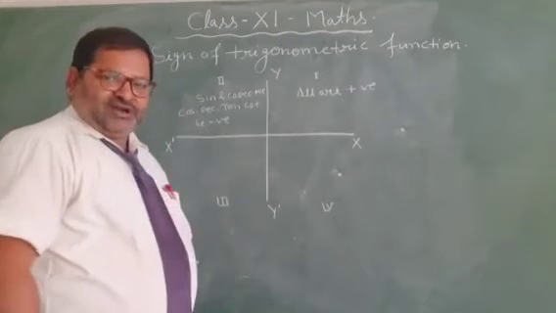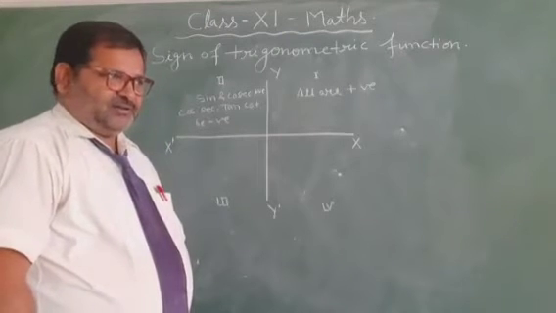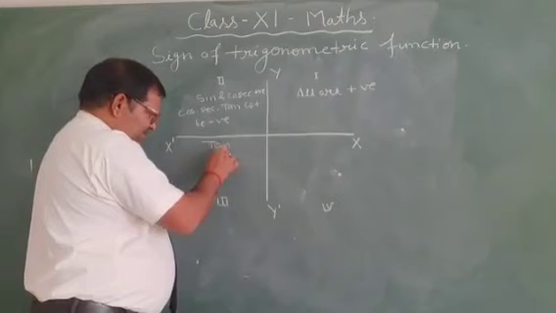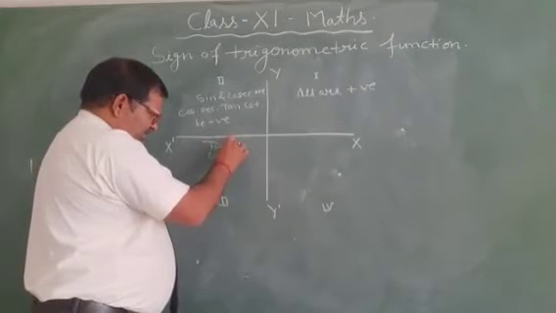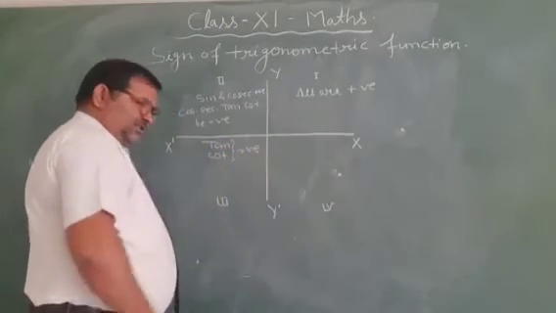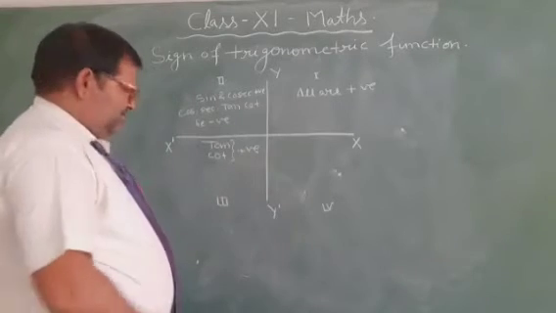And now we go to the third quadrant. Then tan, cot be positive and the rest are negative.